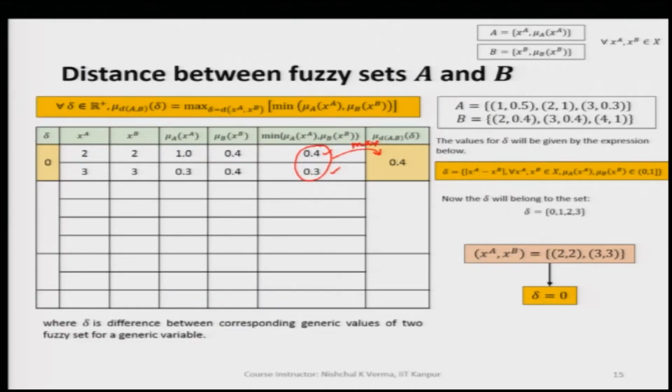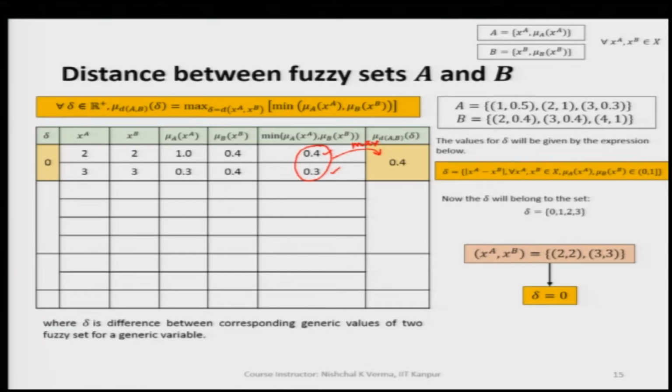In the previous lecture, we also saw how to tabulate the values of delta, x A, x B, mu A of x A, mu B of x B, and then we took the minimum of the two, that means the minimum of mu A of x A and mu B of x B.